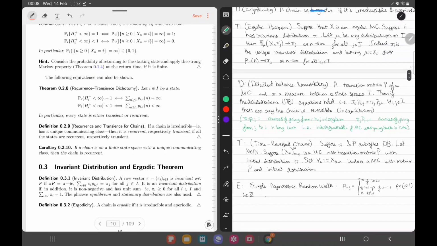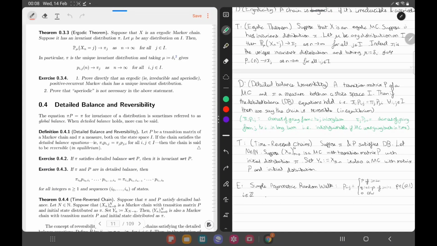Definition: detailed balance and reversibility. It was nice that they mentioned this because it was quite an important topic in last year's notes. I think it came nearly to the end of ST222, and it was a bit of a pain, because it talked about how if you let your Markov chain run, in the future it would behave as if it's in an equilibrium state.